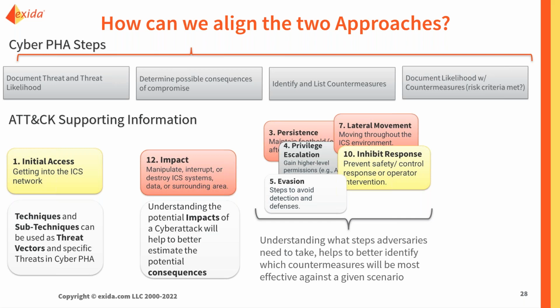By understanding those steps and focusing on what we can do to prevent the attacker from being successful at each of those steps, we can better identify what countermeasures we need to have present for the system. And as we identify those countermeasures, the more we have, the more opportunities we have to reduce the likelihood and improve our overall risk ranking.